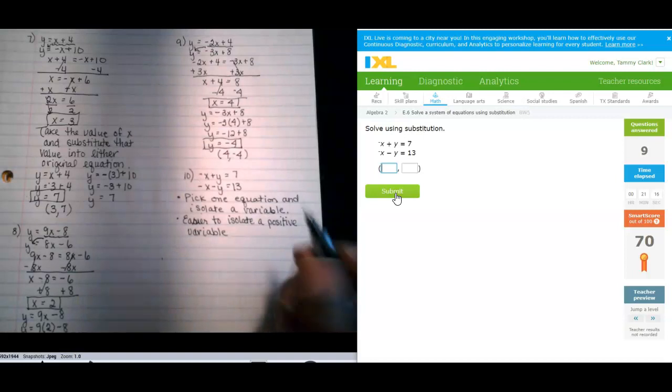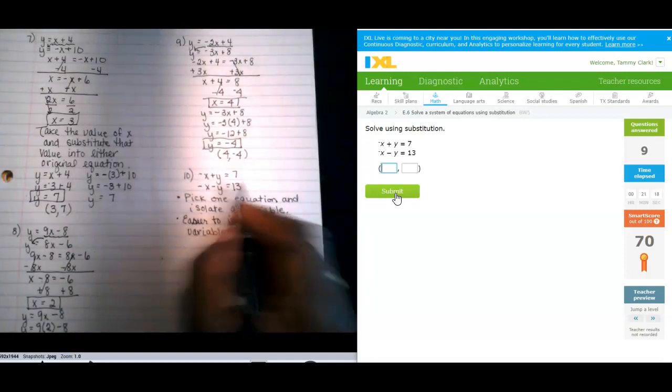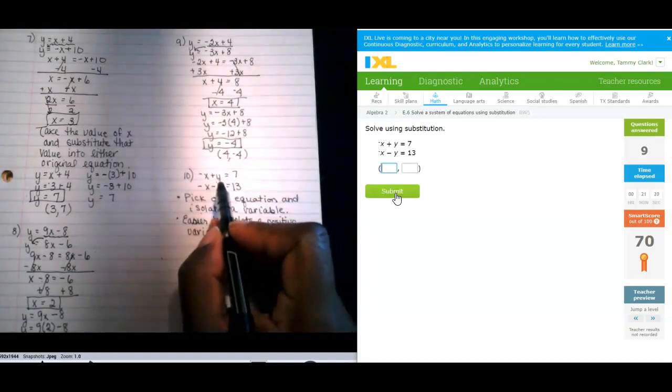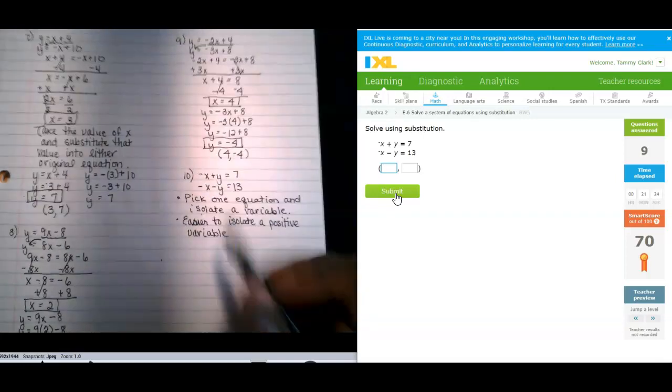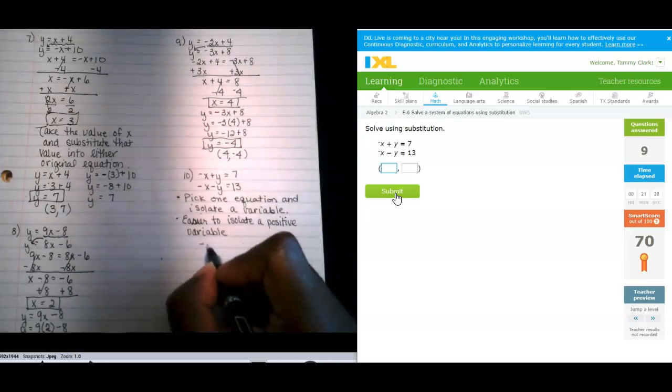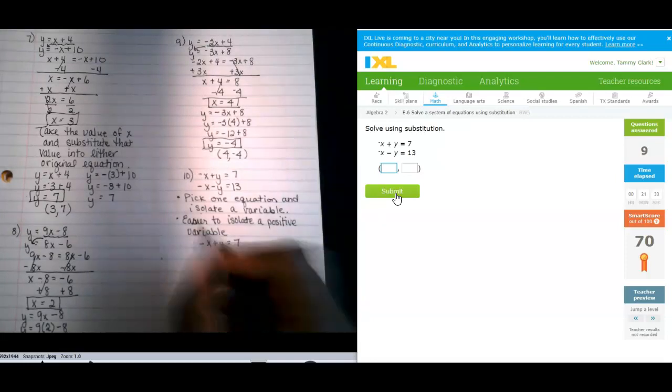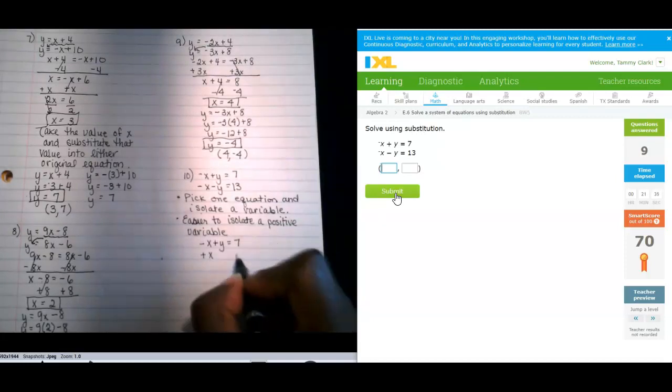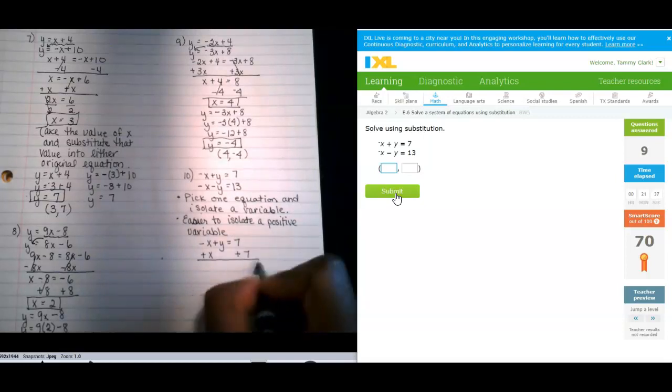So what I'm going to do is pick this first equation because my y is positive. So that gives me really a little less to do. So I'm going to isolate the y in x plus y is equal to 7. So I'm going to subtract x from both sides of the equation.